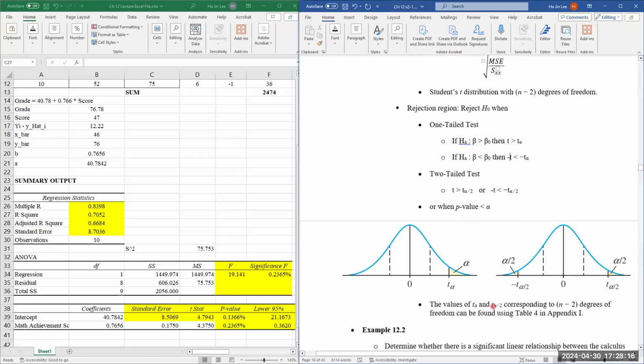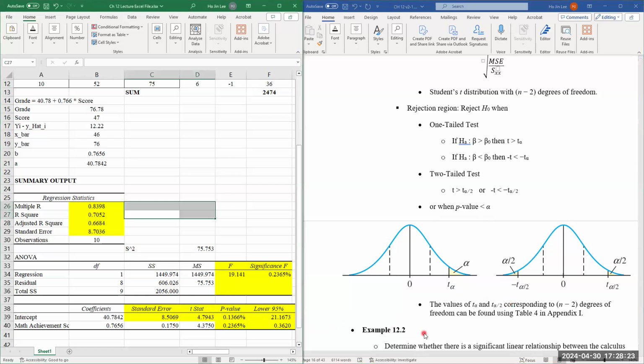That test is already included, as I alluded to earlier, in here. It's right here, the p-value. They give you the p-value right there. Right now, the p-value shows 0.2365, which is less than any conventional alpha of 1, 5, or 10%.